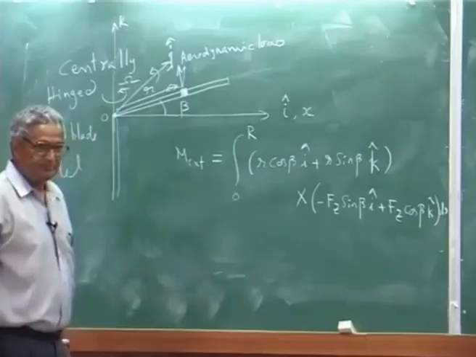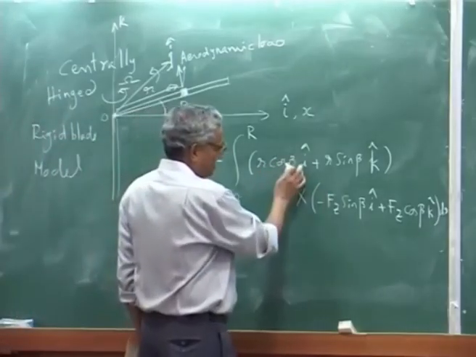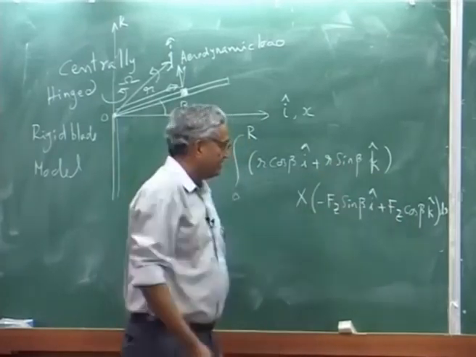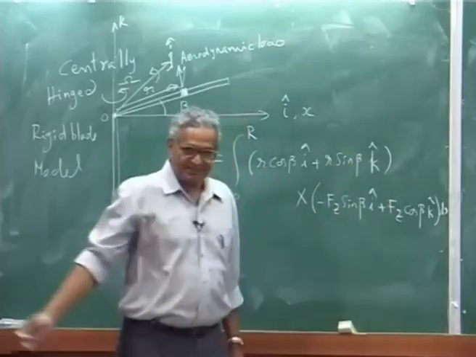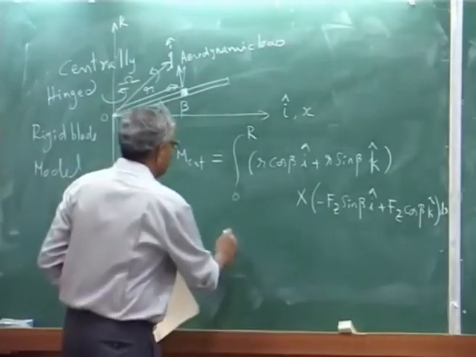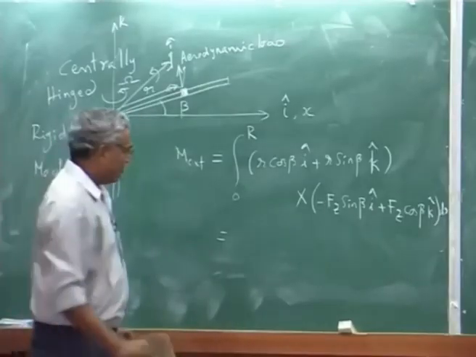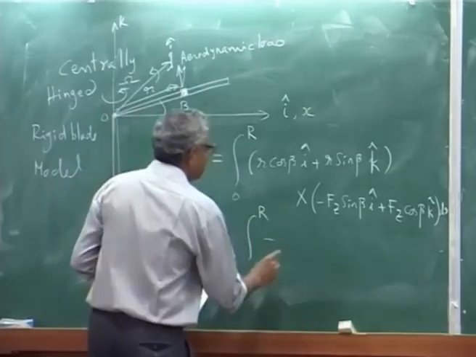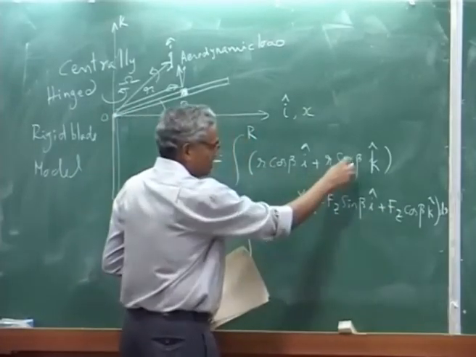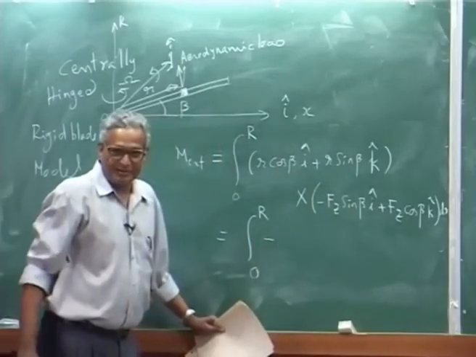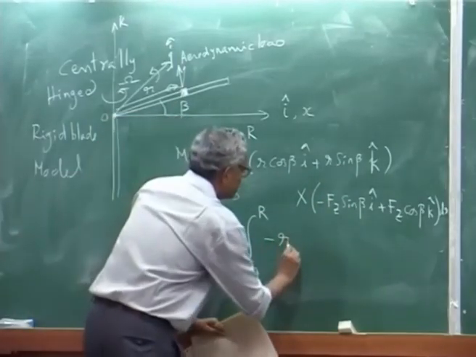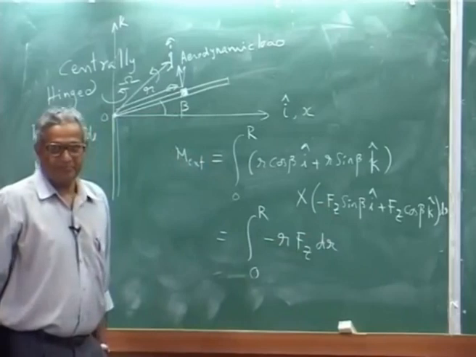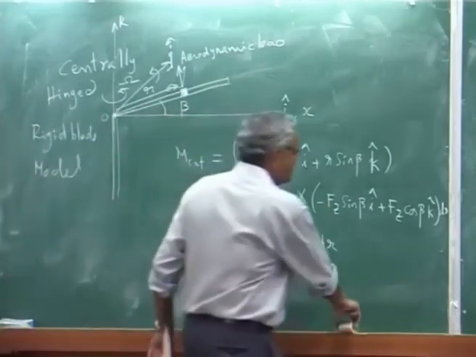Now you can take I cross I is 0, I cross K is minus J, and K cross I is J. So this moment will be only along the J axis, with cosine square plus sine square, which is 1. You get minus r Fg dr. That's all. Now your flap equation is clear.